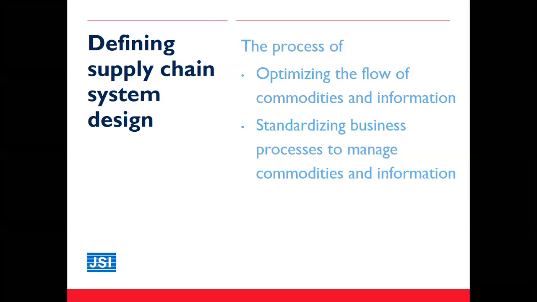The purpose of designing a supply chain is to optimize the flow of commodities and information and to standardize the related business processes to manage these commodities and information. The objective of the design or redesign is to achieve the performance desired, ensuring continuous product availability, making the best use of the resources available.